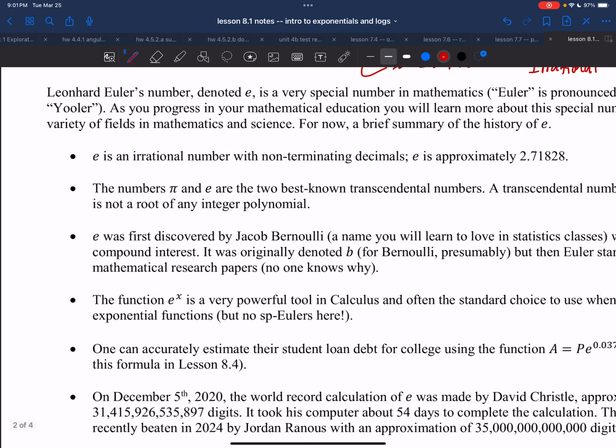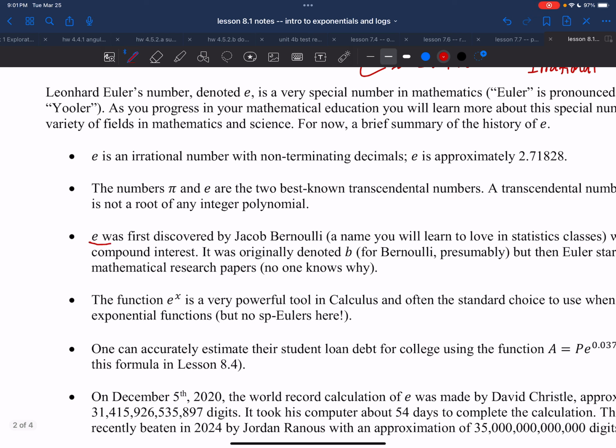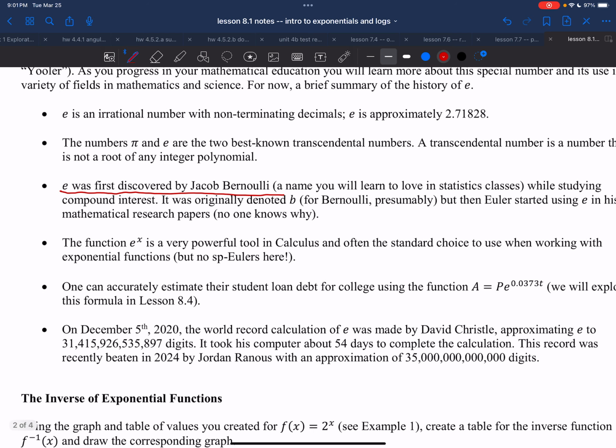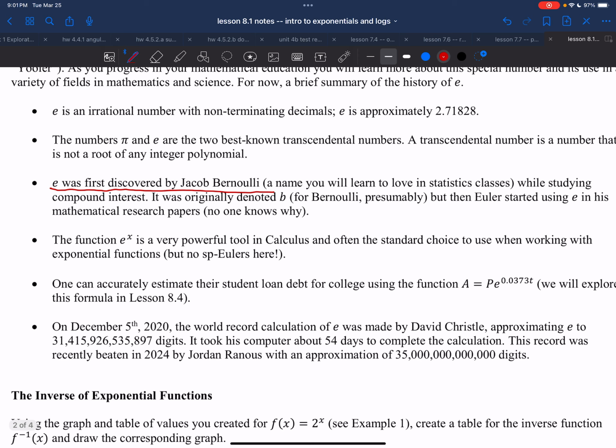So, first of all, e was first discovered by a mathematician called Jacob Bernoulli. Bernoulli was, he, I guess that's Italian, maybe French. I'm trying to remember, though it's escaping me at the moment. Bernoulli was a mathematician who made a lot of progress towards statistics, yeah?